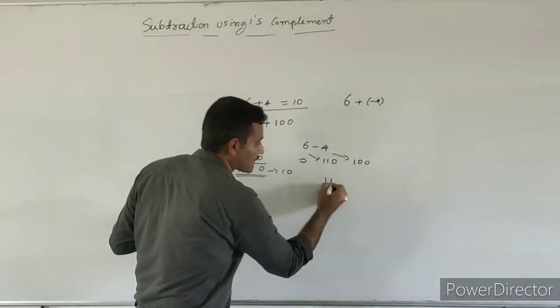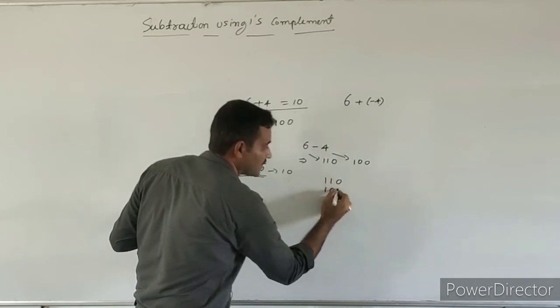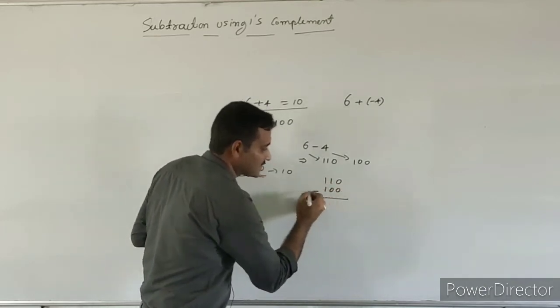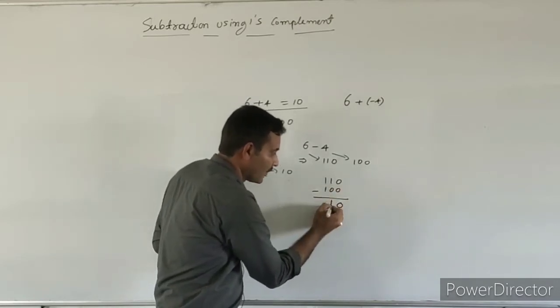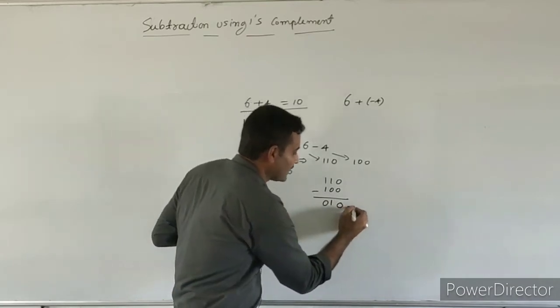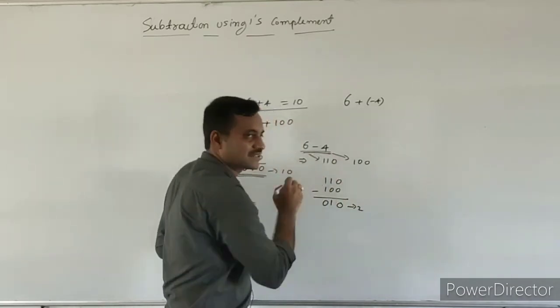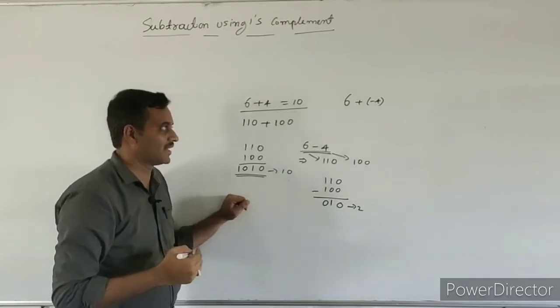So if it is subtraction, then 110, 100. Say the process is difference. Say 0 minus 0, 0, 1 minus 0, 1, 1 minus 1, 0. This is the subtraction over binary numbers.